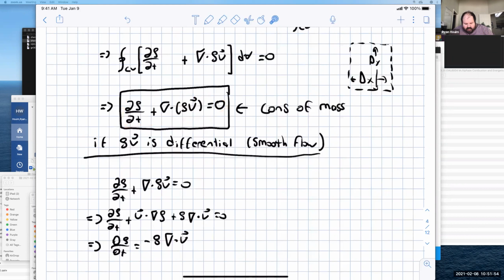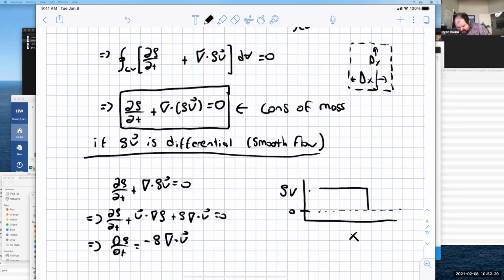However, in a lot of other applications, you can assume that this rho v is differentiable. If you have a shock wave, we'll call this rho v, and it's initially 0. If you have a shock wave moving into air, like from a blast, you'll have some sort of rho v profile that will look like this.